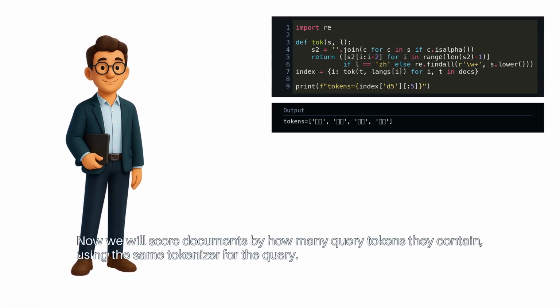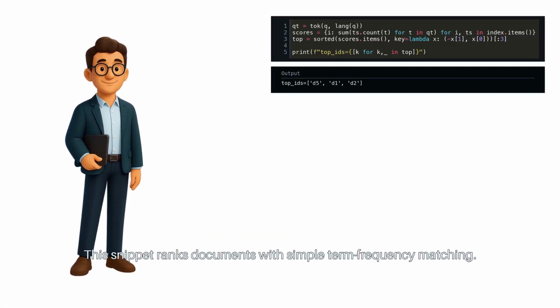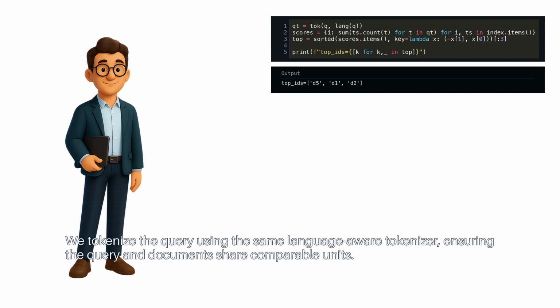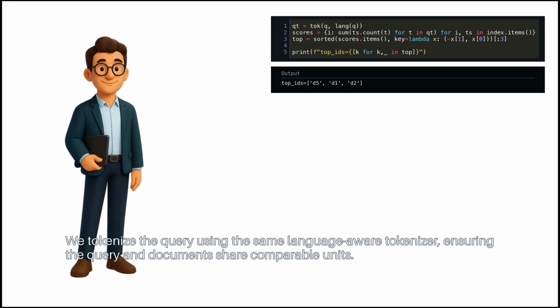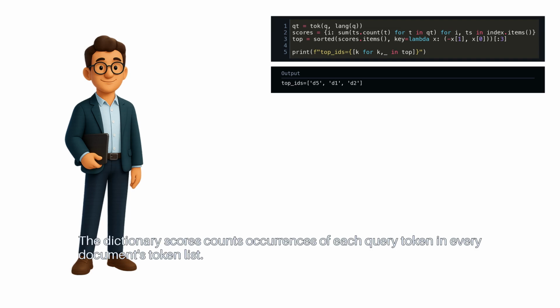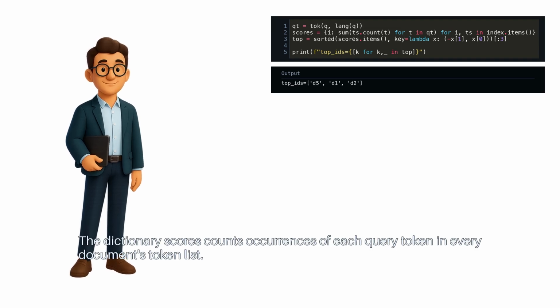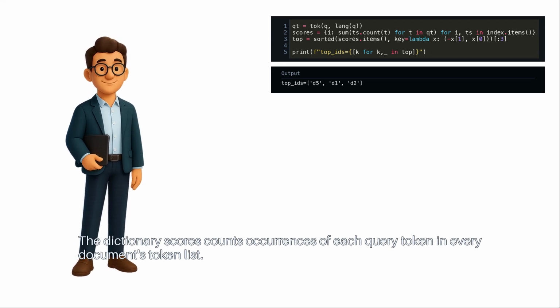Now we will score documents by how many query tokens they contain, using the same tokenizer for the query. This snippet ranks documents with simple term frequency matching. We tokenize the query using the same language-aware tokenizer, ensuring the query and documents share comparable units. The dictionary scores counts occurrences of each query token in every document's token list.